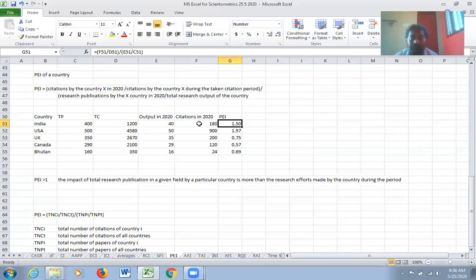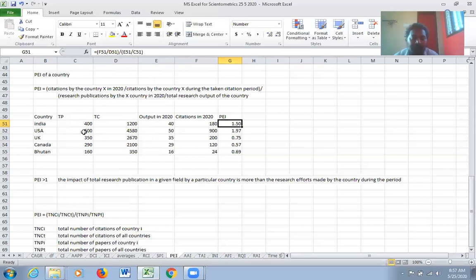F51, that is the number of citations India received in 2020, divided by D51. What is D51? These are the total citations received by India. This is the first portion. And the second portion, E51. What is E51? Total output of India in 2020 divided by C51, the total output of India for all the years taken together.